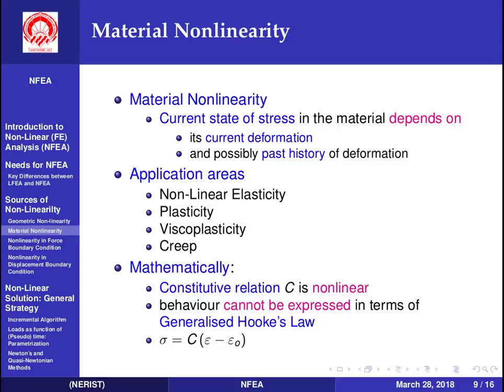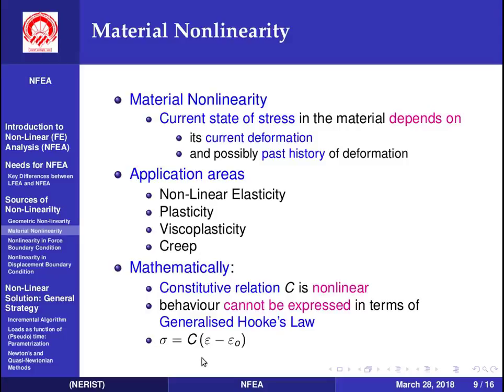And these are the application areas I have listed: nonlinear elasticity, plasticity, viscoplasticity, creep analysis. So these are the areas where material nonlinearity comes into picture. Mathematically, the stress strain law we normally define by generalized Hooke's law in a linear case, but in this case this constitutive matrix is a nonlinear matrix, so the material behavior cannot be expressed in terms of generalized Hooke's law.